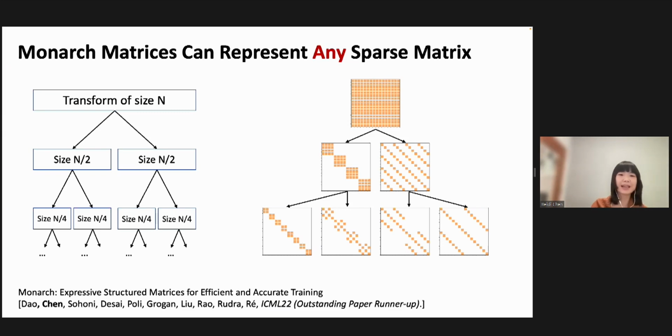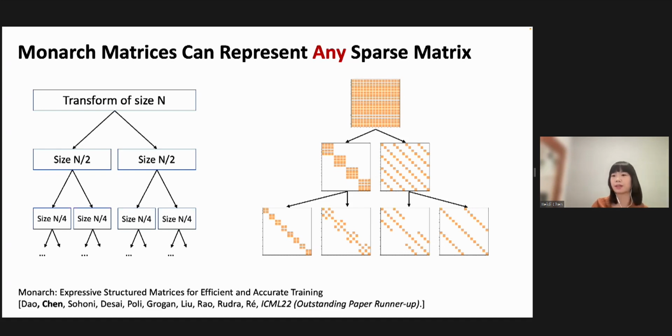Well, of course, the answer is yes. More recently, we have an extension of the pixelated butterfly called Monarch. Recall this divide and conquer structure for butterfly matrices. The matrix view is on the right. The leaf layer will indeed have the optimal big O of n log n non-zeros.